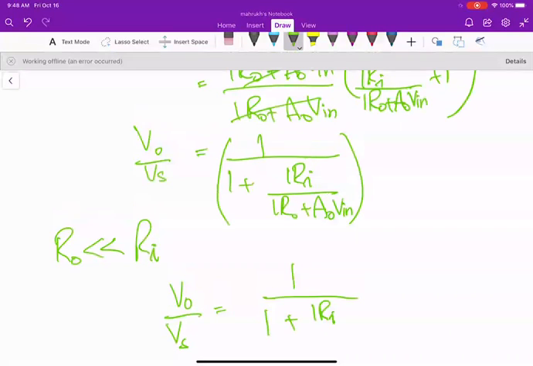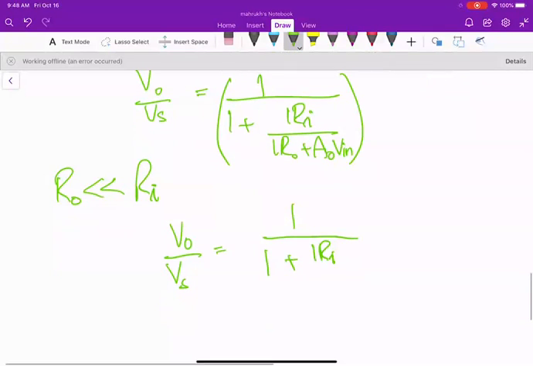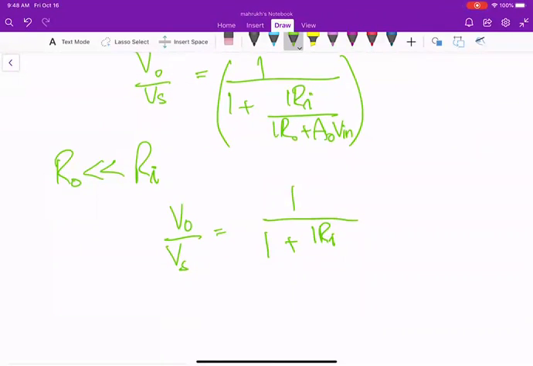Why are we saying that? We discussed it last time, but we will discuss it again, okay? So hang in there. We are saying R naught is lesser than Ri, which makes IR naught plus A naught Vn approximately equal to A naught Vn.